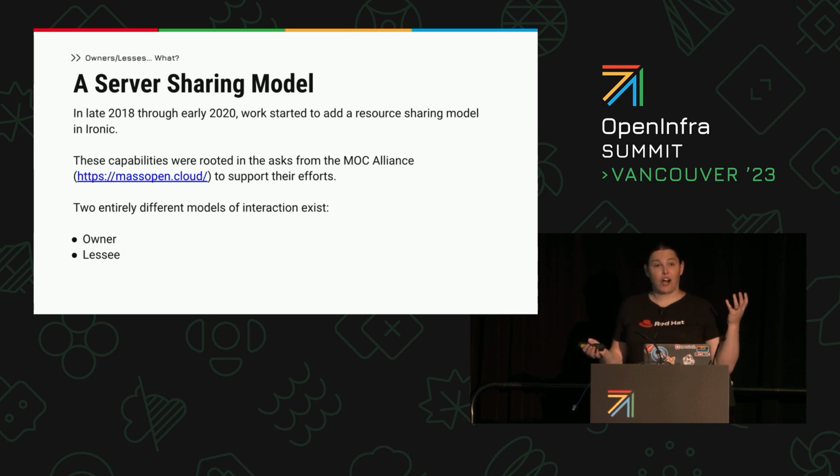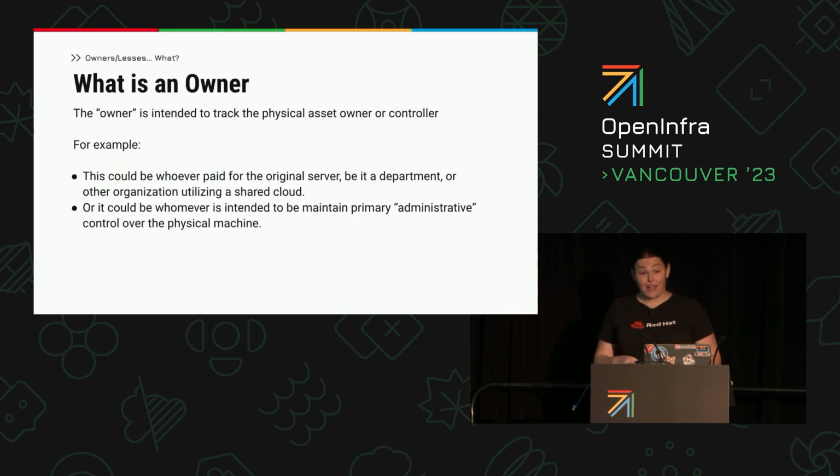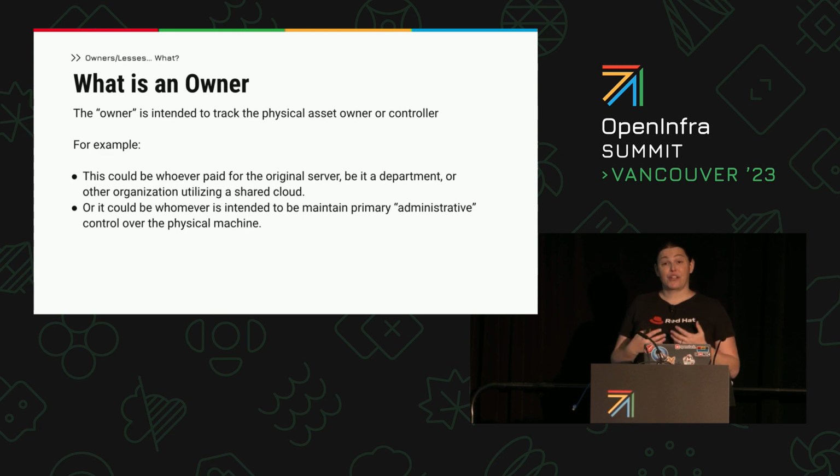They had a hardware owner that was distinctly different from the people running the data center, and then they had a hardware lessee, which might be someone else in another department needing to use servers. And so an owner in this case is just the physical asset owner or manager. It could be whoever paid for the original server, a department, or an entirely different organization. Or it could be someone who just has the primary role of administering and using the machine.